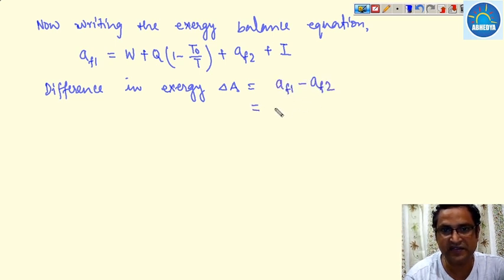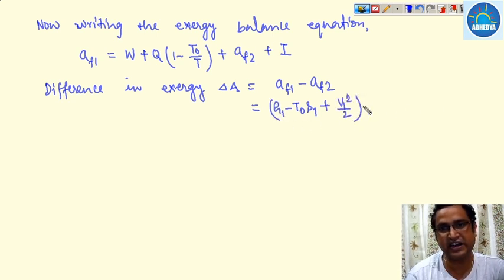Now what is AF1? That is H1 minus T0 S1 plus V1 square upon 2. This is the total amount of energy at inlet, minus H2 minus T0 S2 plus V2 square divided by 2.